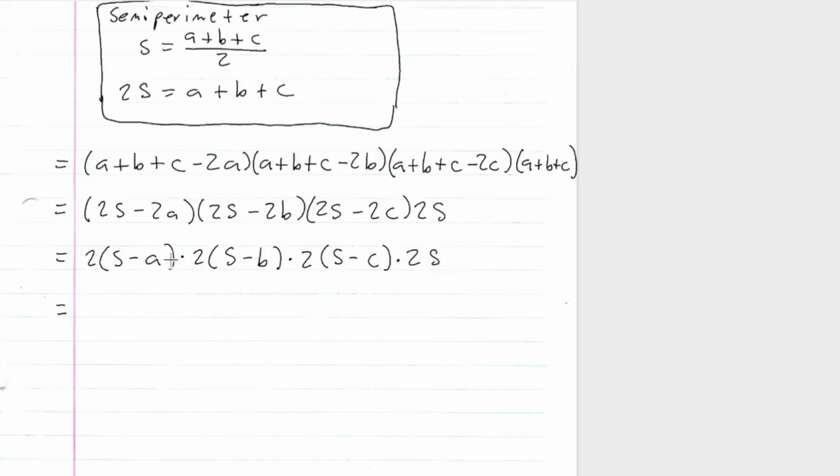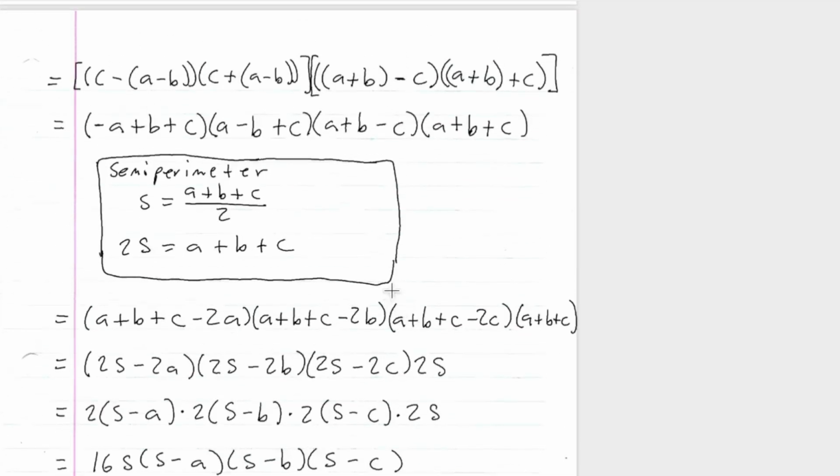So 2 times 2 is 4, times 2 is 8, times 2 is 16. So this is equal to 16 s minus a. Well, actually, I'm going to move the s to the front to fit my formula, right? So it'll be s times s minus a times s minus b times s minus c.